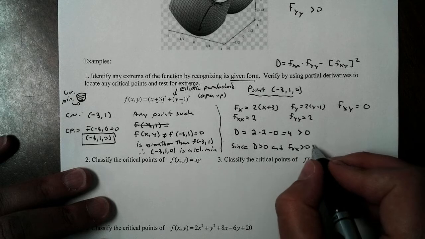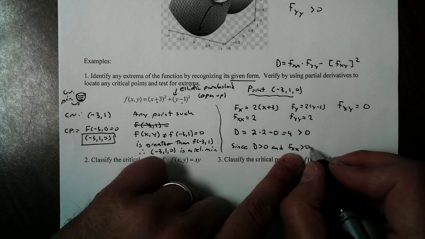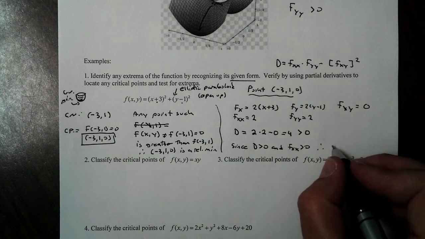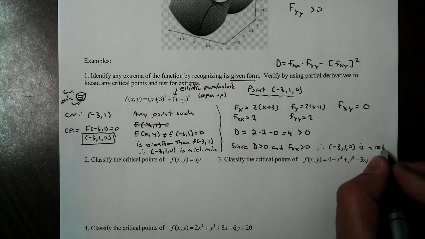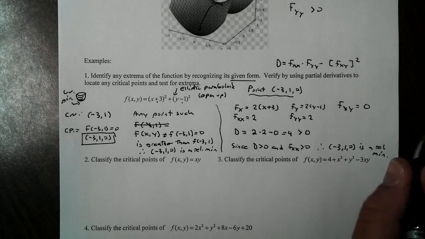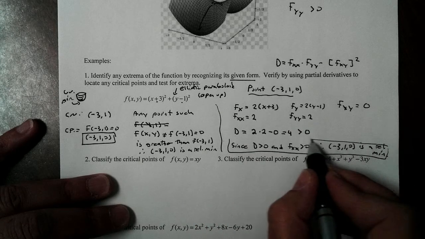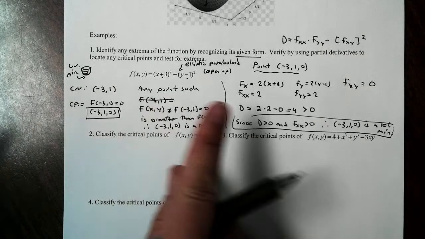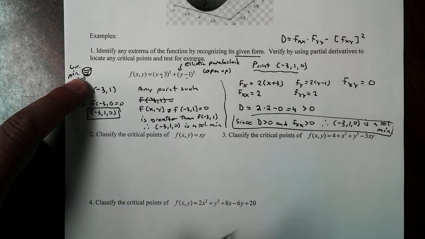That says it's concave up, and these are both in the same direction. Therefore, we can say that negative 3, 1, 0 is a relative minimum. And that's our rule. So we can see it graphically, that's a relative minimum, and we can see it using the calculus as well.